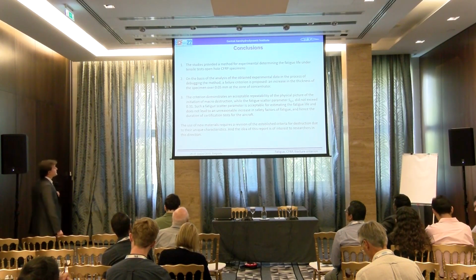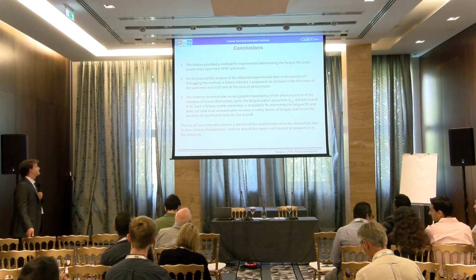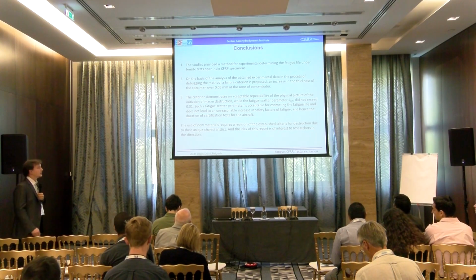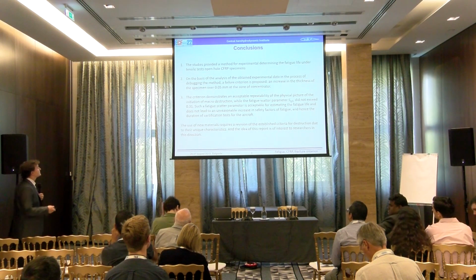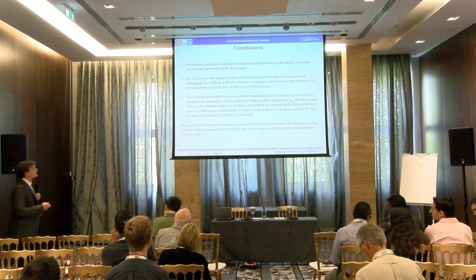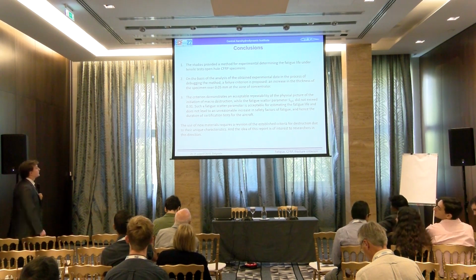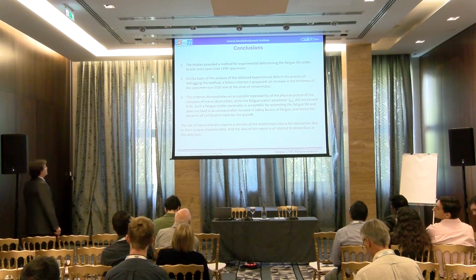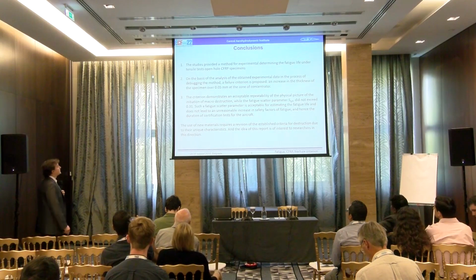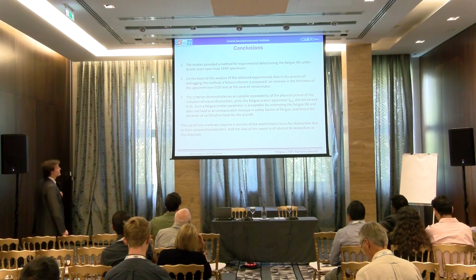And in conclusion, I should say that this criterion demonstrates an acceptable repeatability of the physical picture of the initiation of macro destruction, while the fatigue scatter parameter did not exceed 0.3. And such a value of fatigue scatter parameter is acceptable for estimating the fatigue life, even in aircraft construction.